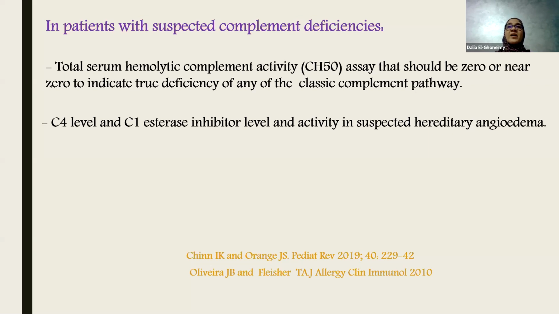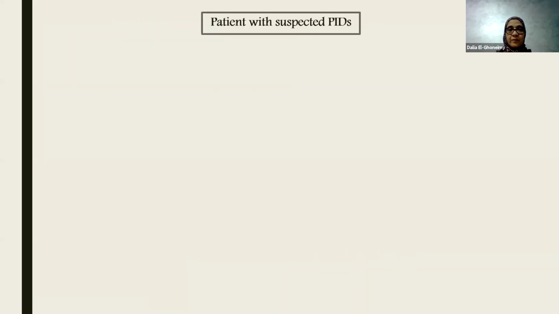So a lower value might be just error in handling, but true deficiency implies that the result should be 0 or near 0. In patients with suspected hereditary angioedema, C4 level and C1 esterase inhibitor level and activity should be asked for.